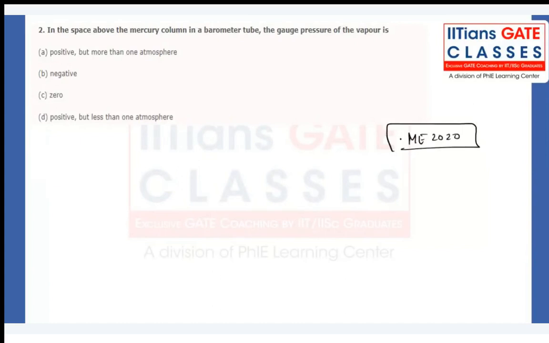Straight away, without any thinking, even sparing 1 minute of time, anyone in the class can tell me B is correct. The space above the mercury column in a barometer tube, there is a barometer tube which is connected. Space above the mercury, right?